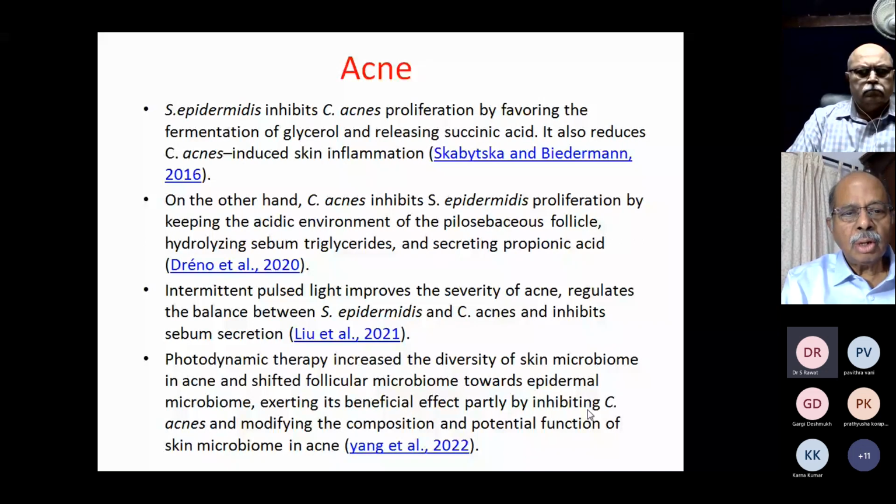Various other therapies, like photodynamic therapy, also increase the diversity of the microbiome, and they shift the follicular microbiome towards the epidermal microbiome, exerting beneficial effects by inhibiting the pathogenic bacteria and modifying the composition and potential of these microbiomes in acne.